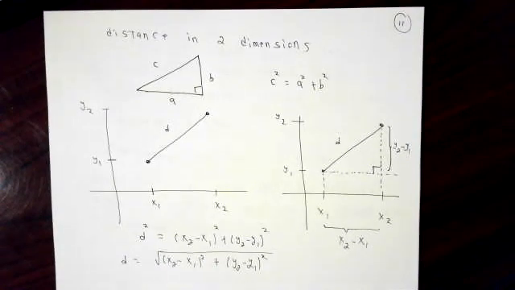Distances are not negative, so I don't have to worry about any kind of square root of 9 being 3 or negative 3. We just want the one that's not negative. So the actual distance is the square root of, take the difference of the x's squared, take the difference of the y's squared, add them together, do the square root, and there's your distance.